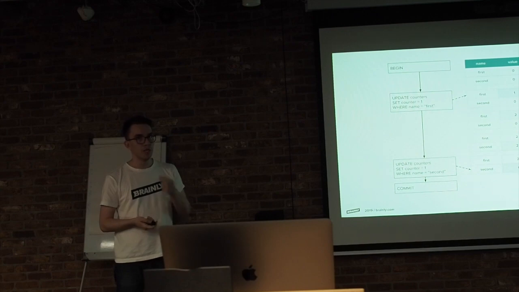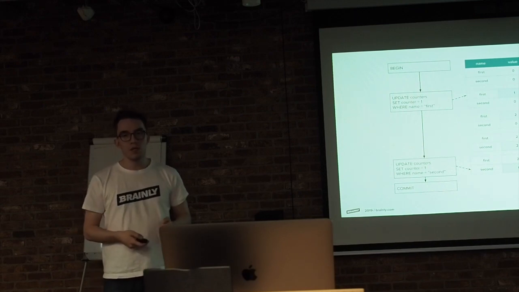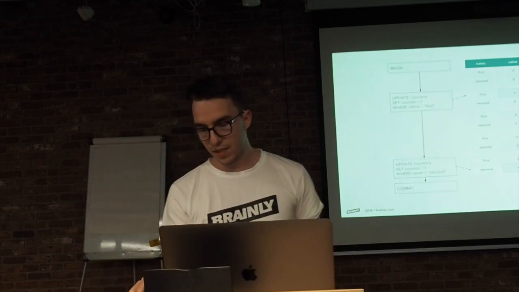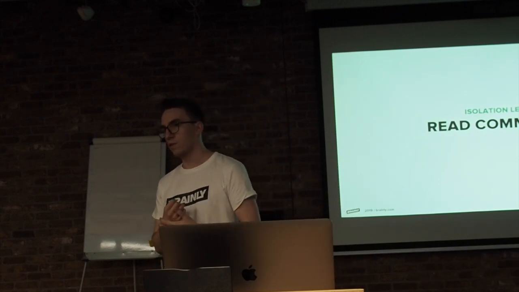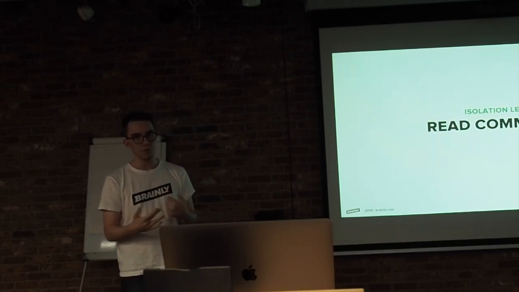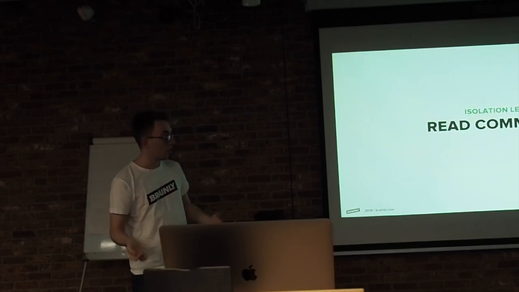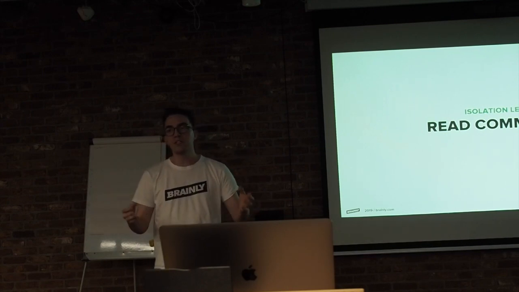So what are the consequences? The consequences are that we have an inconsistent state. So how do you prevent that? Well, there is an isolation level called read committed. You can simply set the value to read committed or set it by default. And those two anomalies, you can just forget about them.